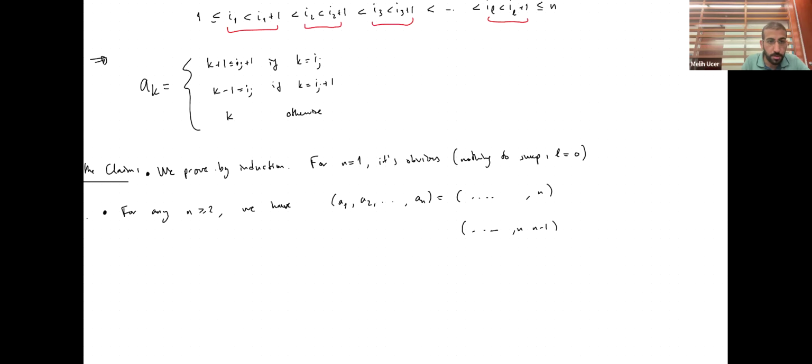So this is a permutation of n minus 1 with the same conditions. Permutation of n minus 2 with the same conditions.